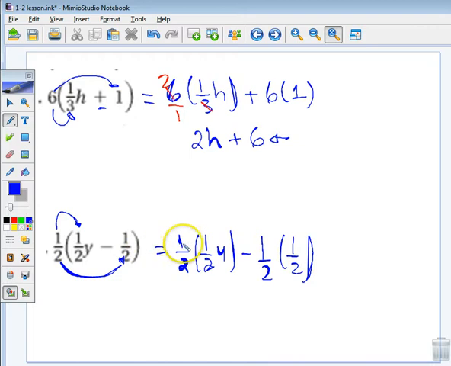Again for the second part. So half of y will be 1/4 of y minus negative, again this is minus half times half, so we have 1/4, and this will be the simplified version.